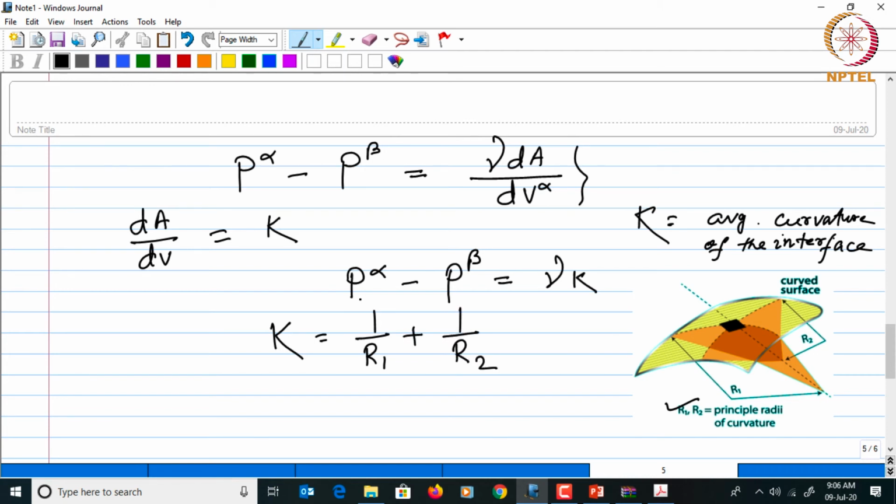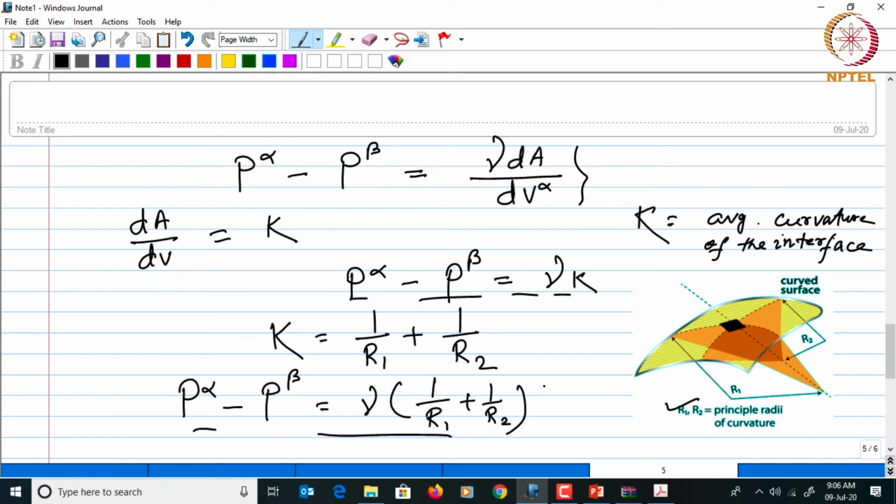So a generic form of this for any given curved surface with radii R1 and R2, this equation can be written as, and this is the well-known Young-Laplace equation.